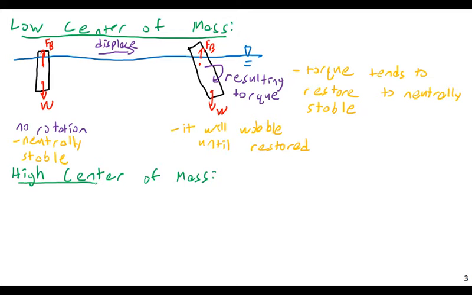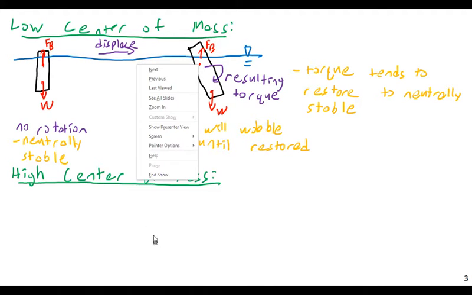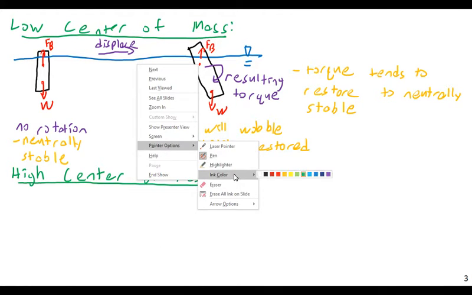Say I have a high center of mass on a vessel or an object or anything. Well, in this case, let's look at what happens.